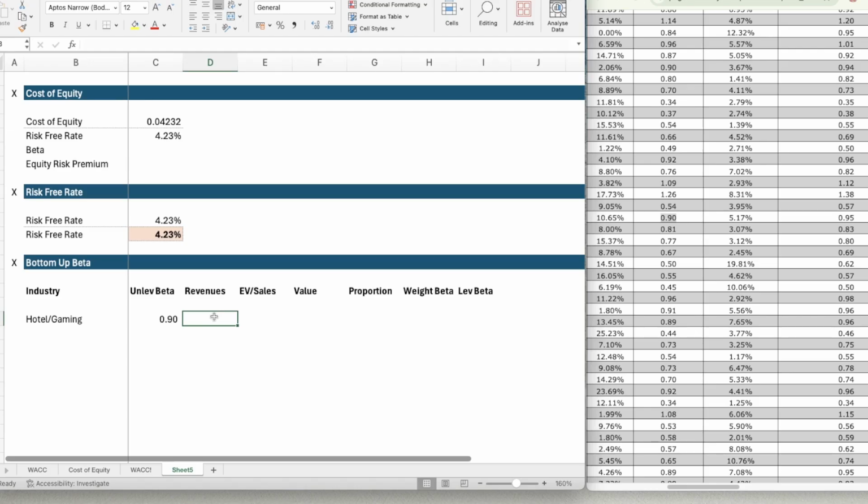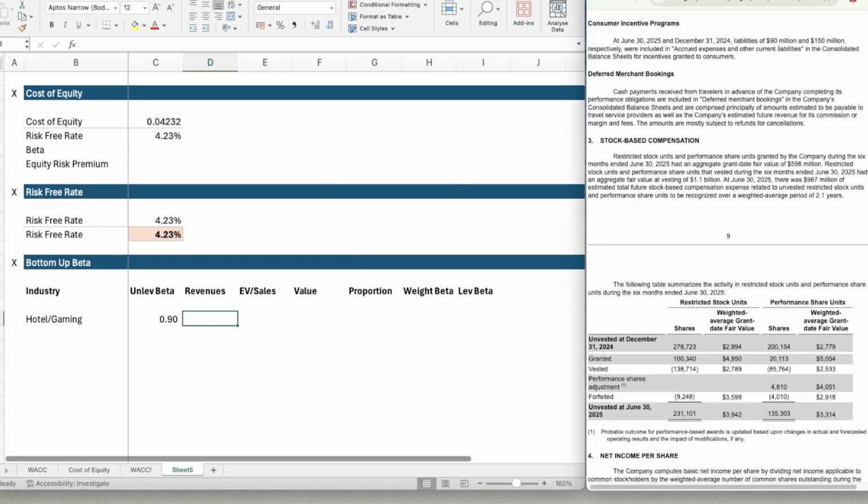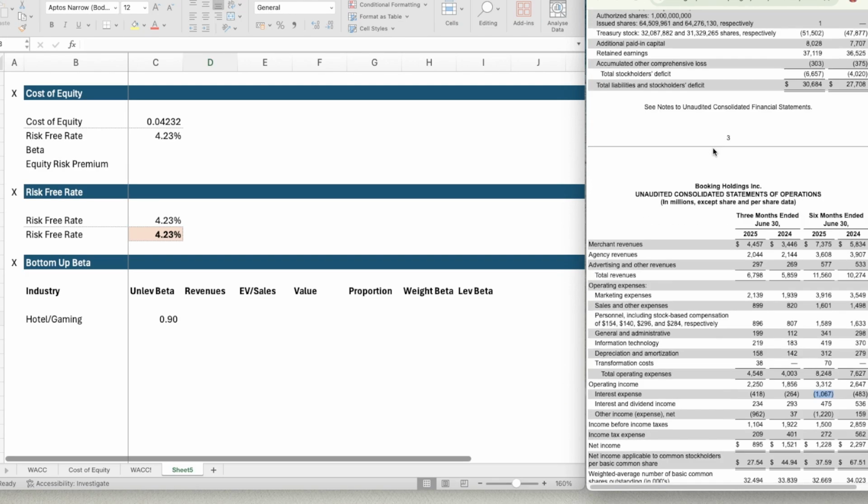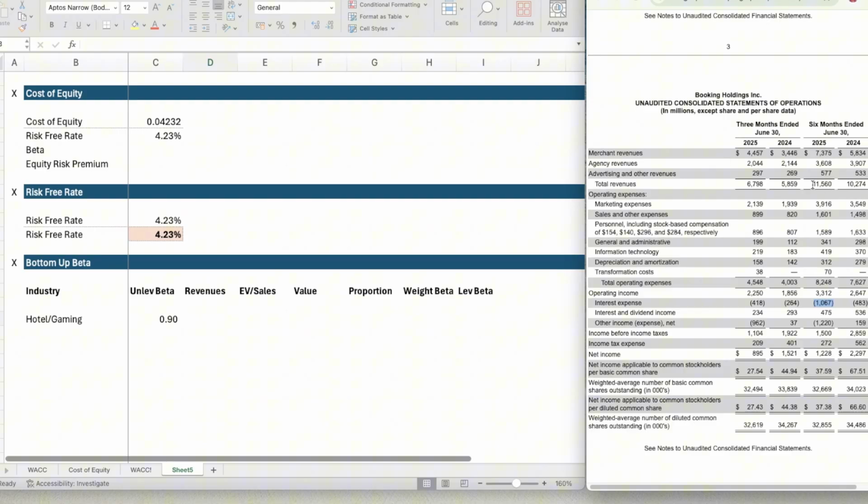Then the revenues for this segment are going to be, well, if we forecast for the year, Booking will do 11,560,000,000 multiplied by 2.